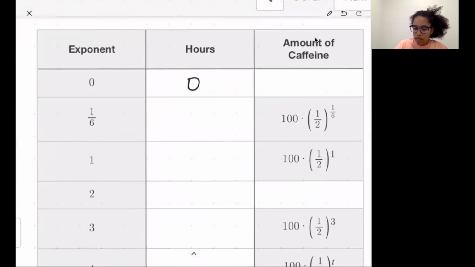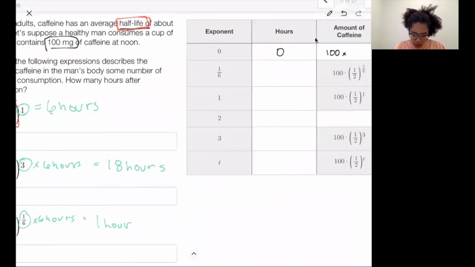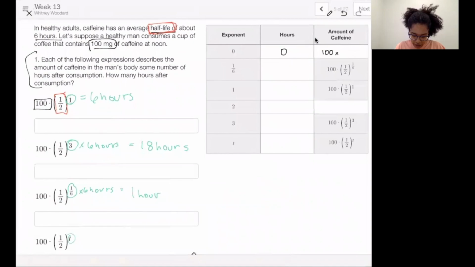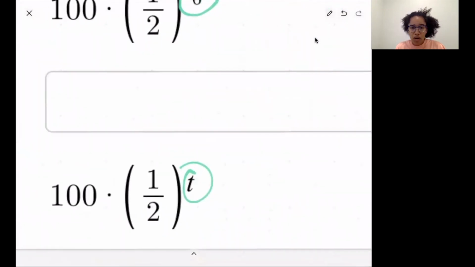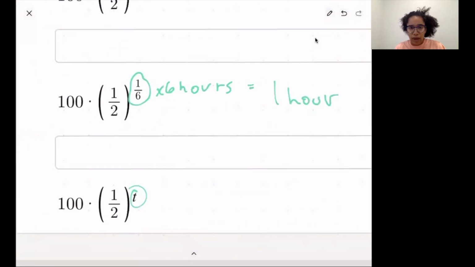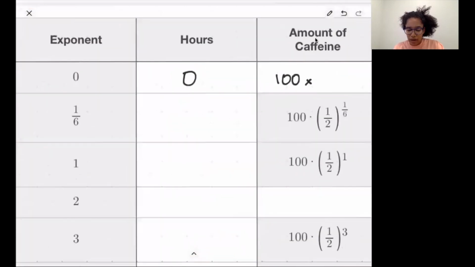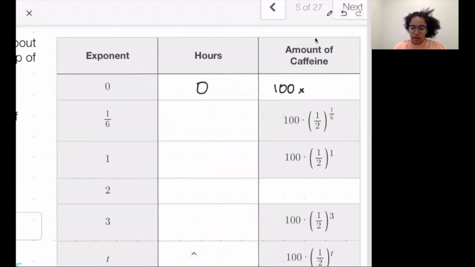Well, we can use that same expression, right? Because we are replacing this T right here with however many time periods we're looking at. So if the exponent's 0, we're looking at 0 time periods. So I'm going to replace T with 0.